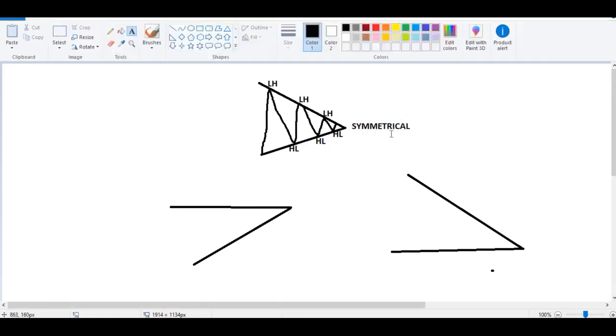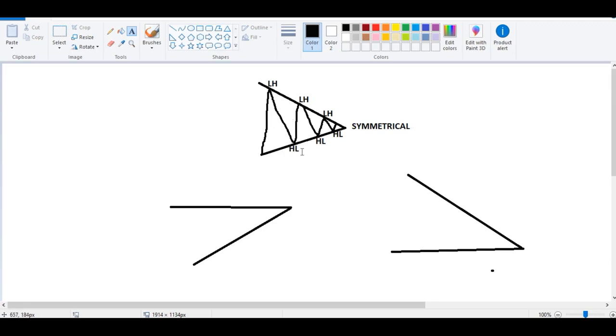So in a symmetrical triangle, price starts to make lower highs and higher lows in a very uniform manner. So that is known as a symmetrical triangle.